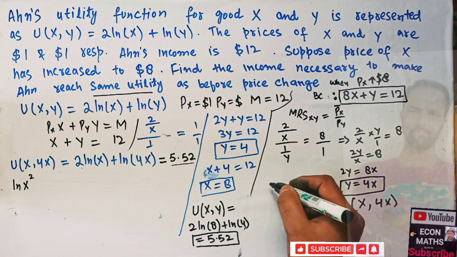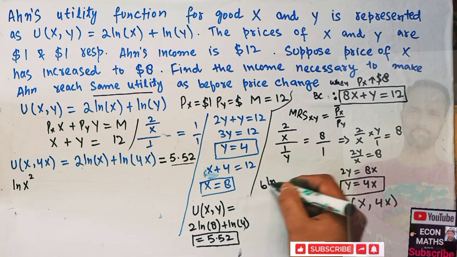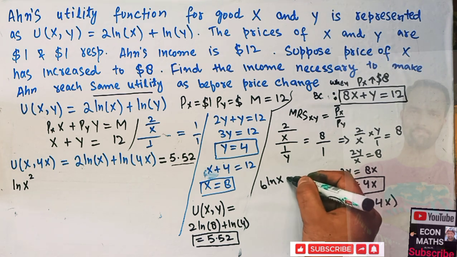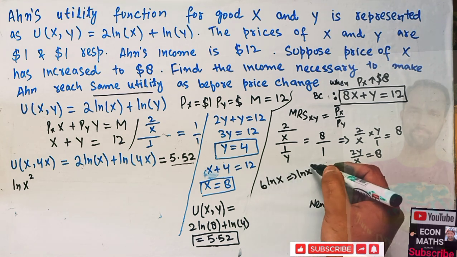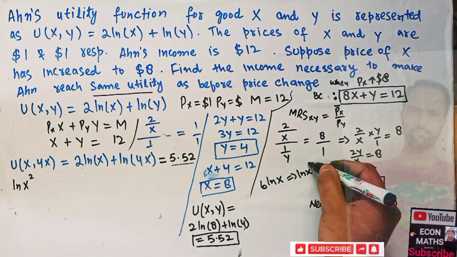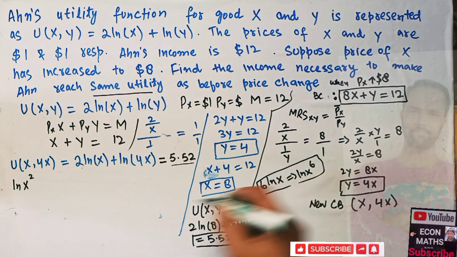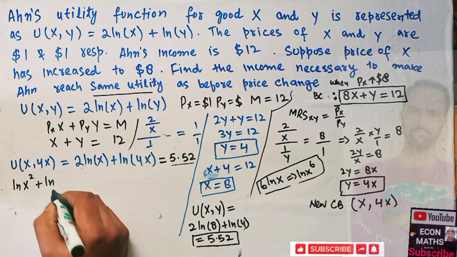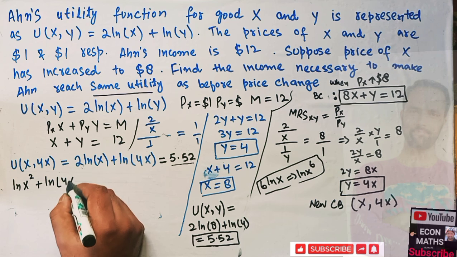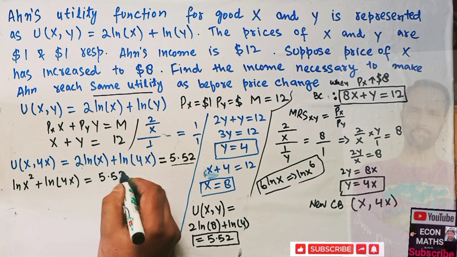If we have 2 ln x, it can be written as ln x square. This coefficient will become the exponent here. Same rule I have applied here. Then we have plus ln 4x should be equal to the old utility 5.52.